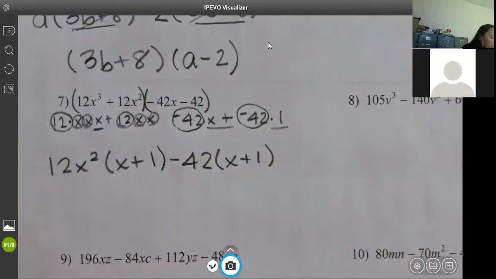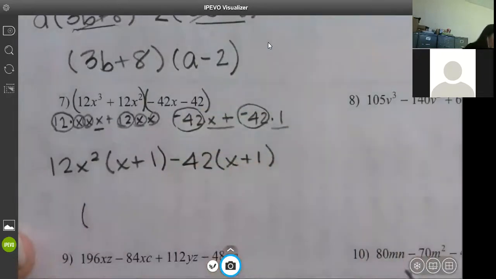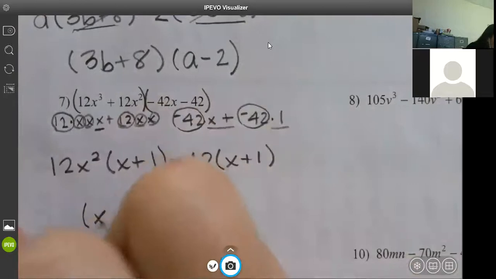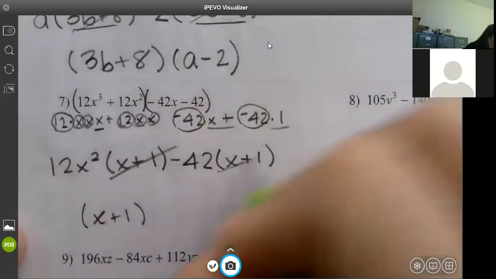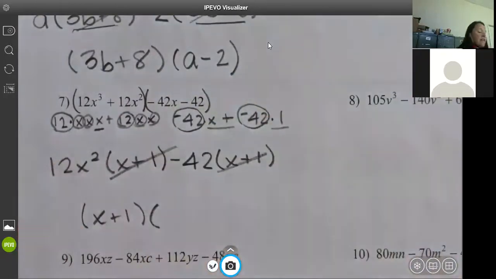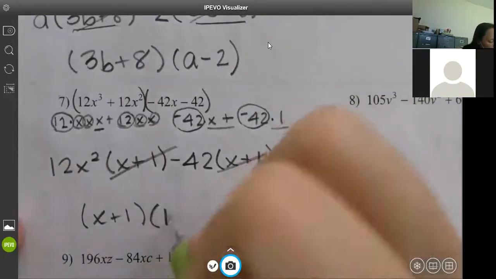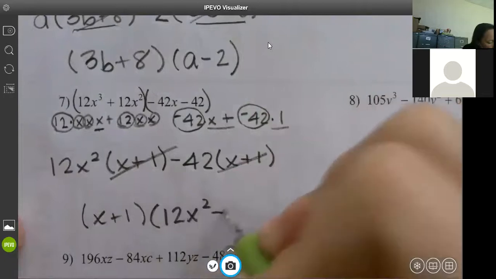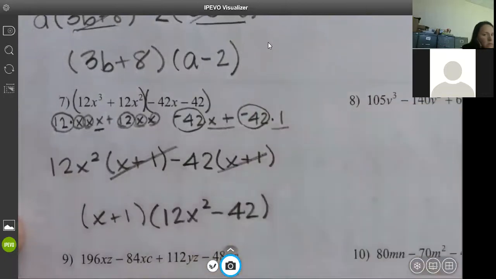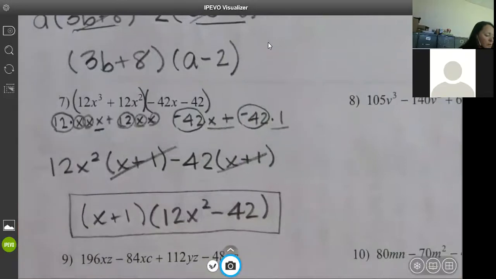What looks the same? How do you know you did it right? The x plus 1. The other factor, what do you have left outside? 12x squared minus 42. That's it.